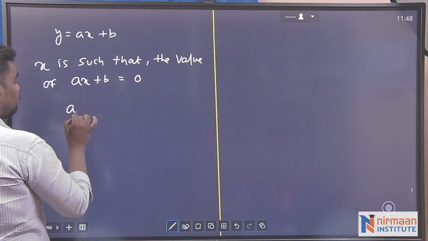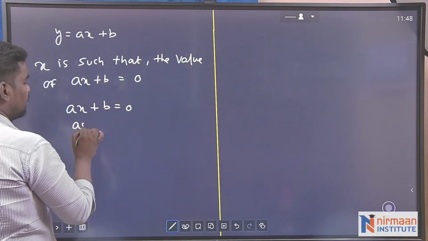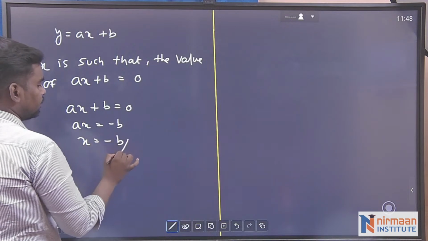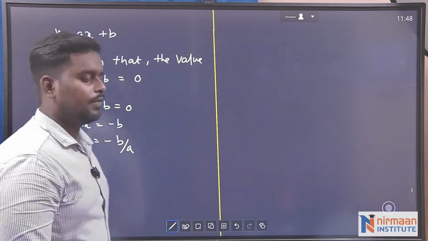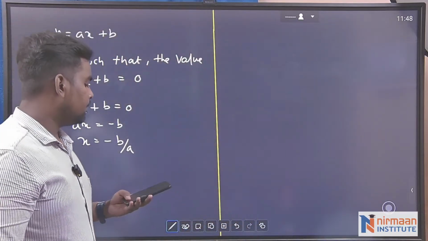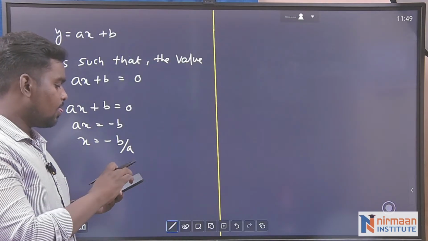So I put ax plus b equal to 0 and find the x value. So ax is equal to minus b, and x is minus b by a. Okay, fine. So if x is minus b by a, this value is 0.